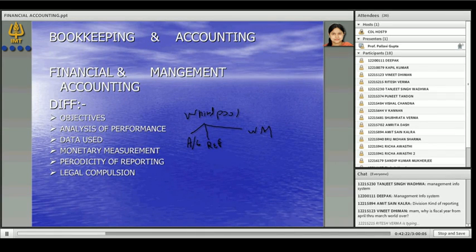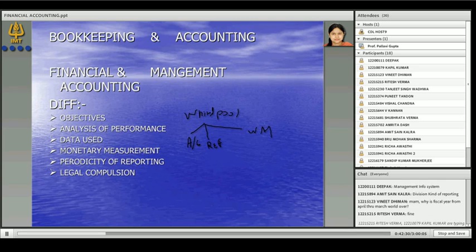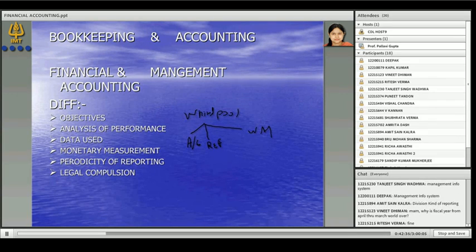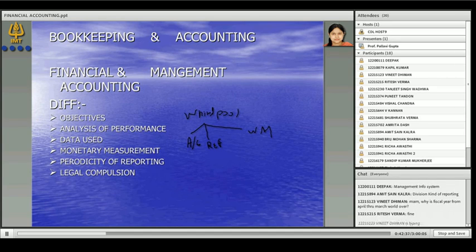Vineet has asked, why is the fiscal year from April to March? Vineet, why is the calendar year January to December? Same is the answer with me.